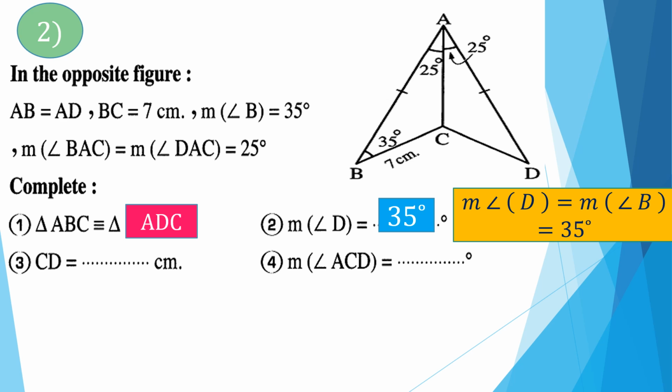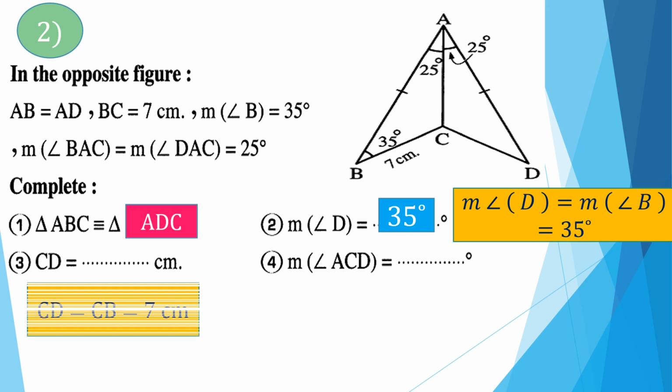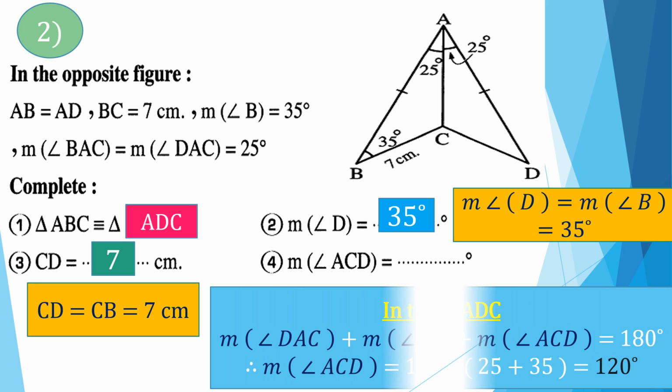Number 3. CD. The two triangles are congruent, so CD equals CB, and CB equals 7 cm. So CD equals 7 cm. Measure of angle ACD.